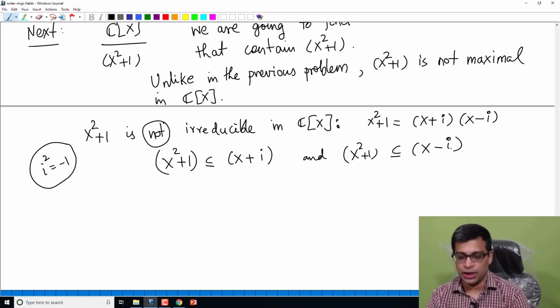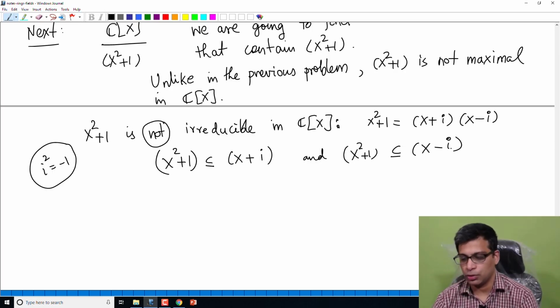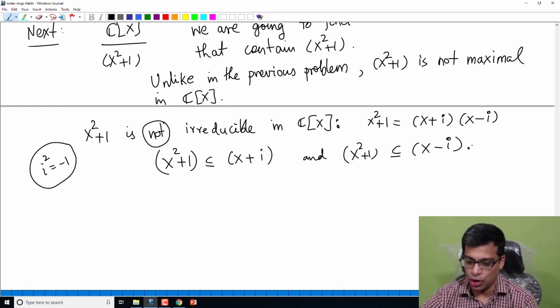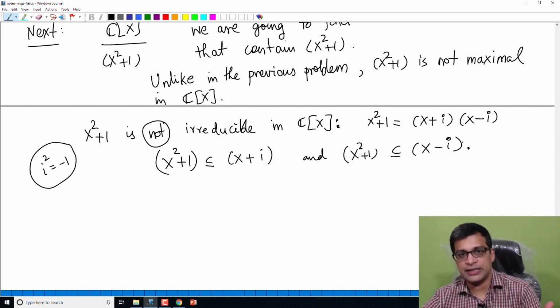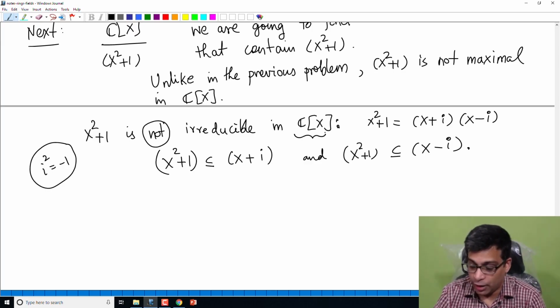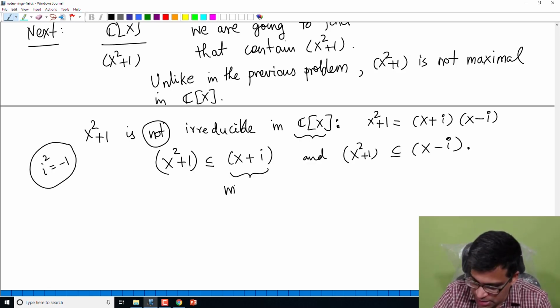So you see that it's not maximal because it is contained in a bigger ideal, which is a proper ideal. (x plus i) is strictly bigger than the ideal of x squared plus 1, and (x plus i) is not equal to the full ring C[x] because lots of polynomials are not there. For example, the element 1 is not there. So this confirms that x squared plus 1 is not irreducible. So there are at least 2 maximal ideals in C[x], and also I should mention that though x squared plus 1 is not maximal, this is maximal.